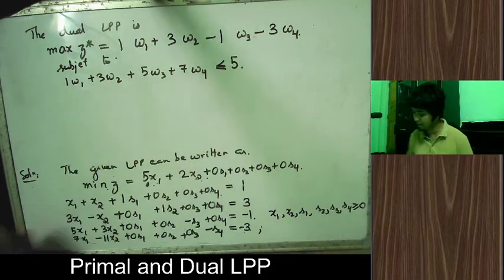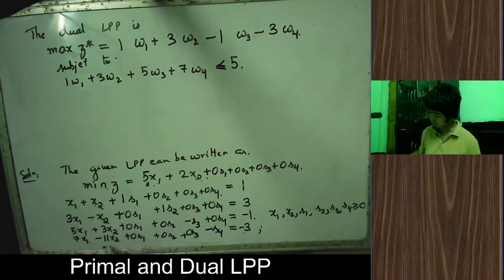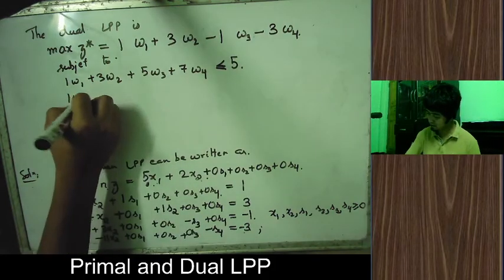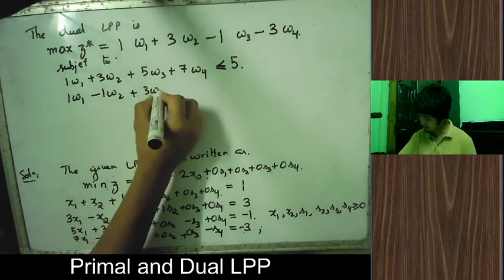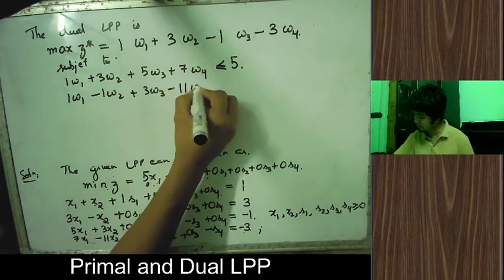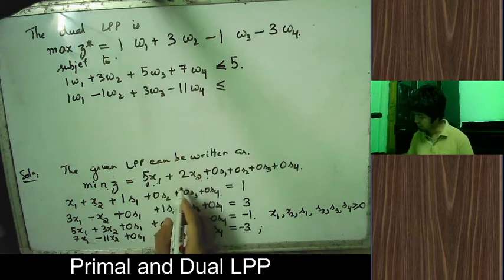Similarly, 1, minus 1, 3 and minus 11: 1 w1 minus 1 w2 plus 3 w3 minus 11 w4 less than or equal to 2.